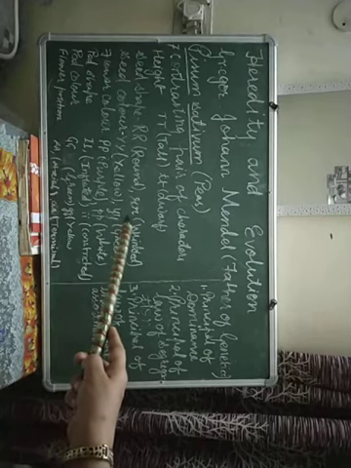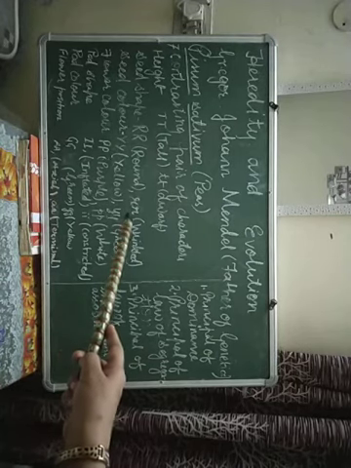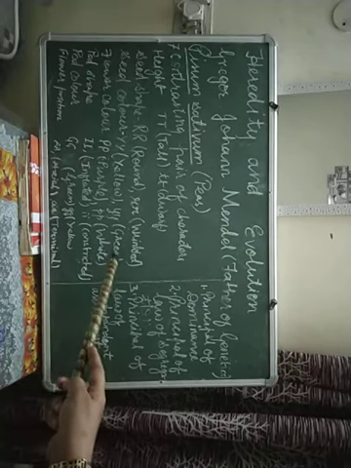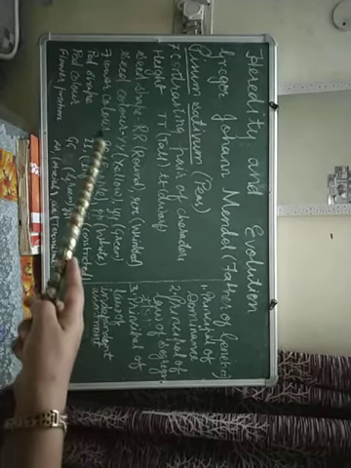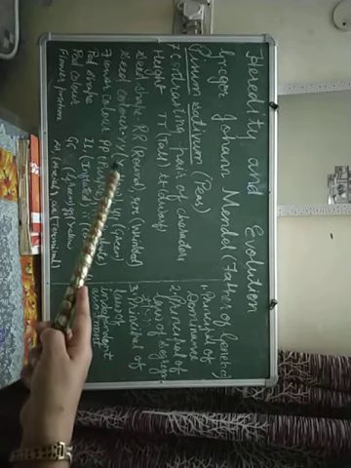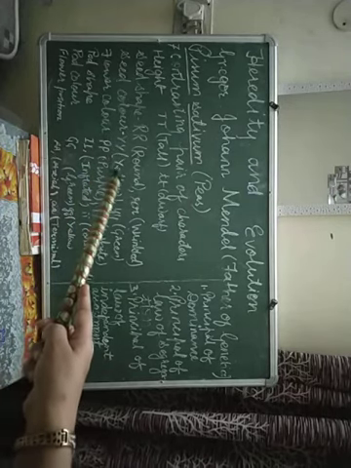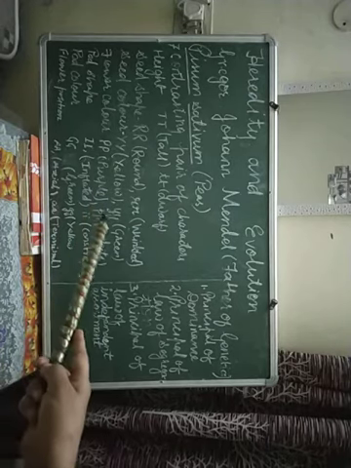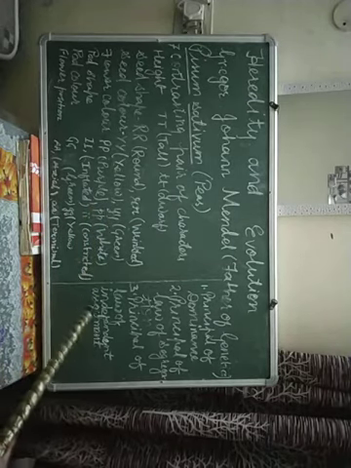Next he observed the seed color. Yellow was dominant and green was recessive. Followed by that, he saw that the pea plant showed flower color, purple, which was dominant, and white was recessive.